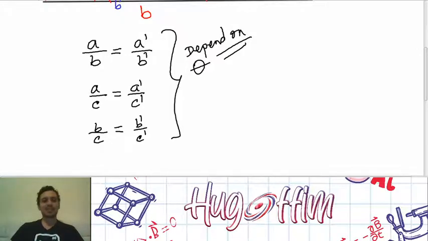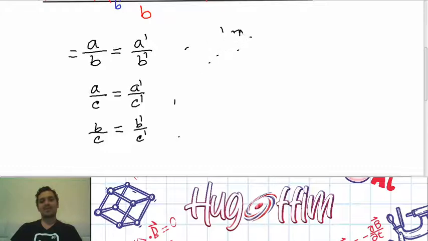This ratio, A over B, or opposite leg over adjacent leg, is called the tangent of the angle.